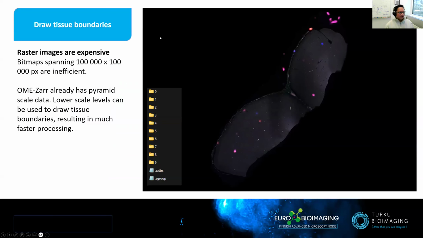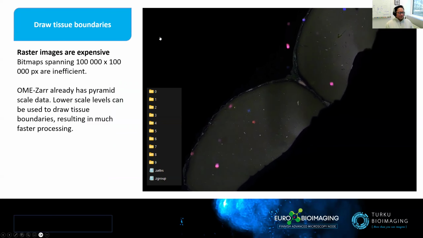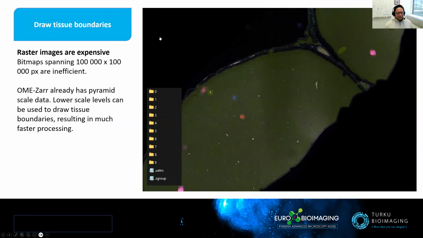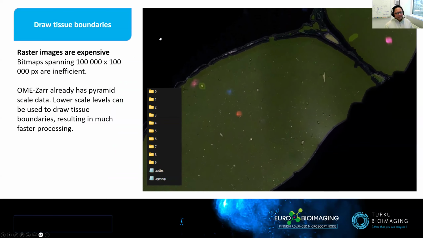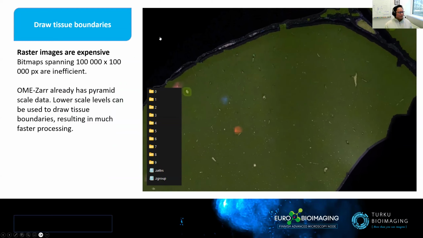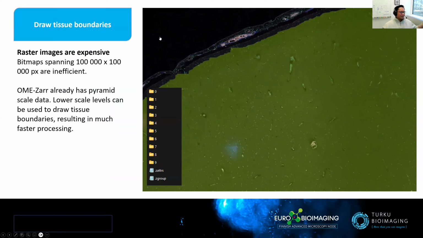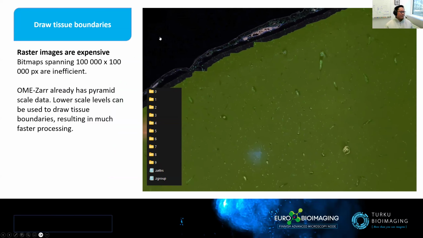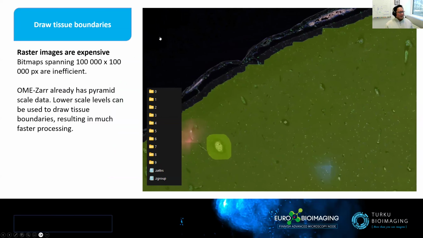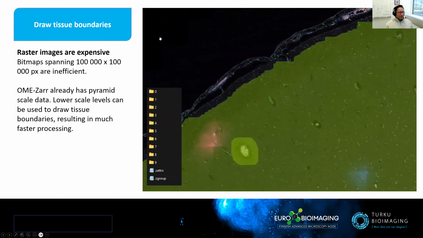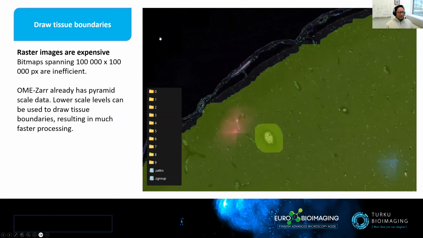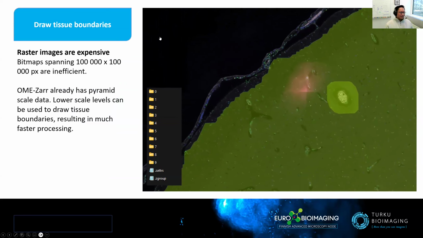Next. Yes. So over here, the first step that we needed to do was to draw the tissue boundaries. And this is not so difficult to do when you have a small image, but when you have a whole slide image that spans potentially hundreds of thousands of pixels in X and Y, it becomes very computationally expensive to calculate where are the boundaries of that tissue.